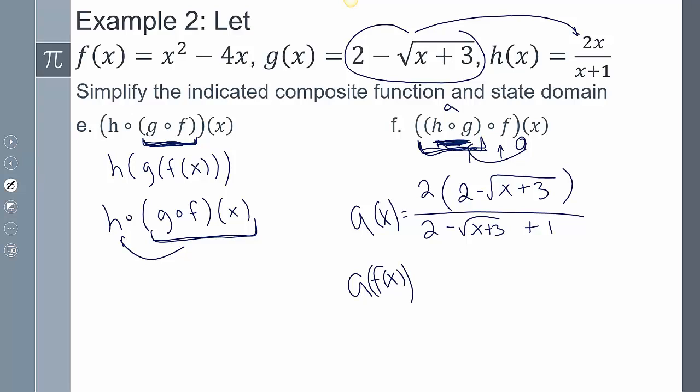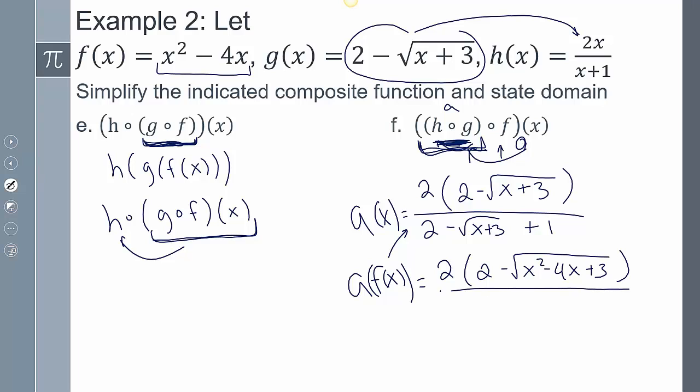So I need to take my f function and plug it in for x up above. So I would get 2 times 2 minus the square root of x squared minus 4x plus 3 over 2 minus the square root of x squared minus 4x plus 3 plus 1.